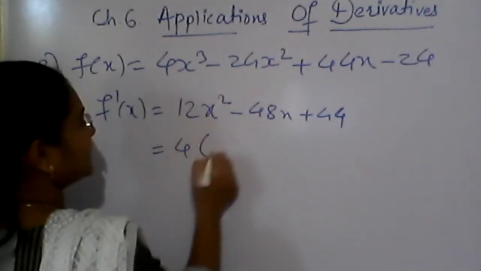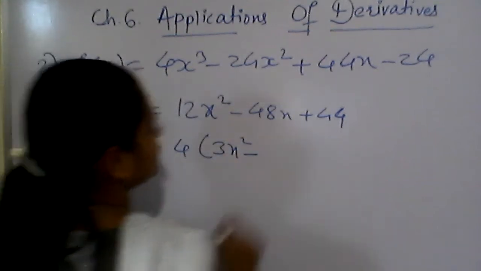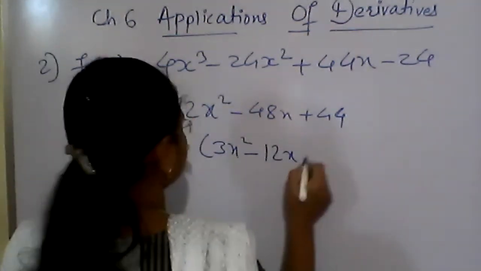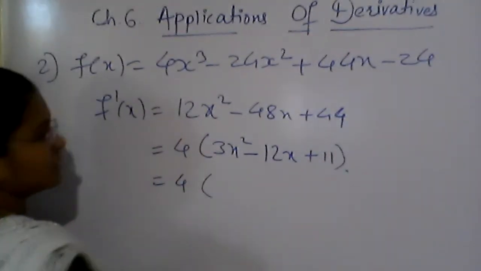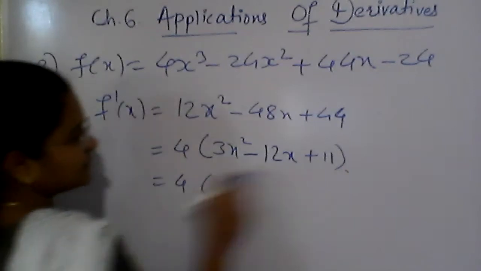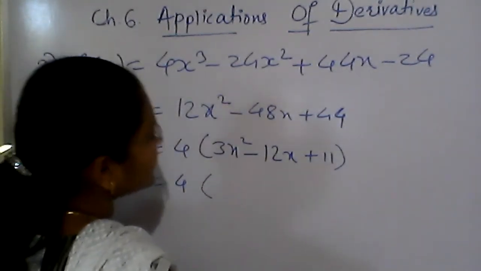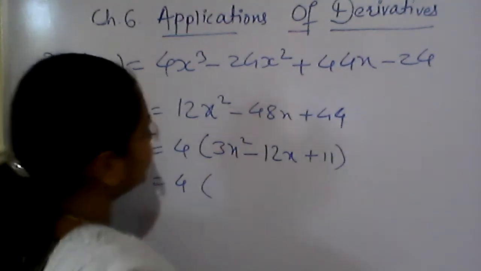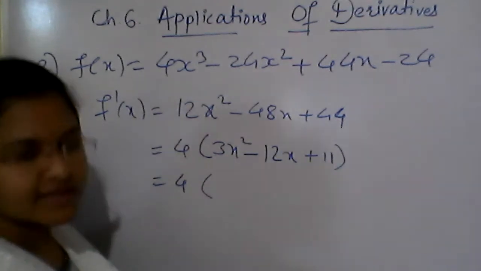So 4 in bracket, 3x square minus 12x plus 11. 4 is positive anyway. Now how will you factorize 33, how will you do 33?